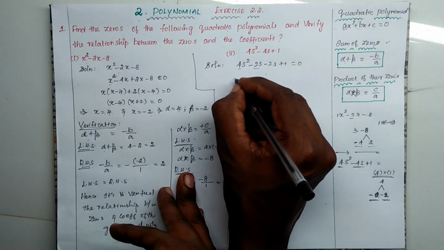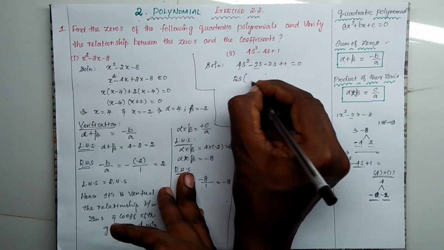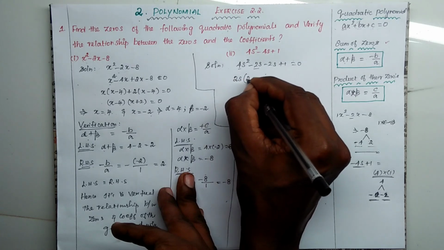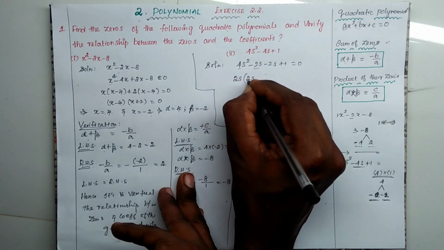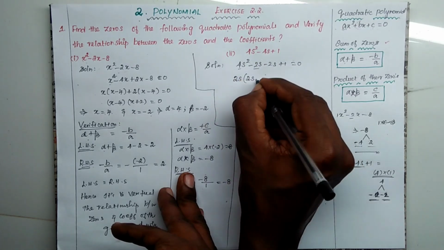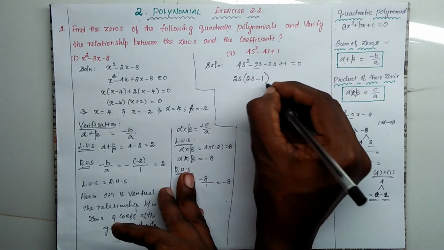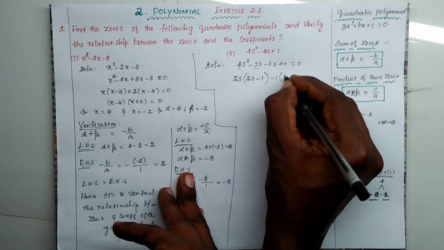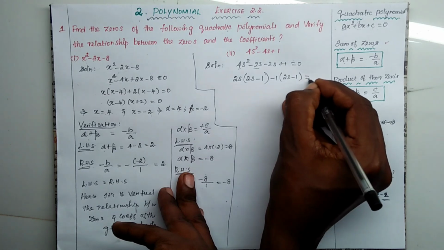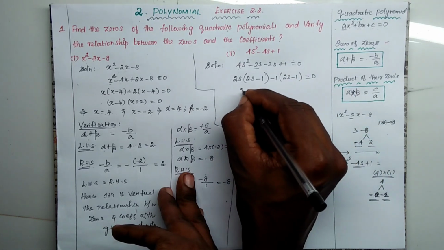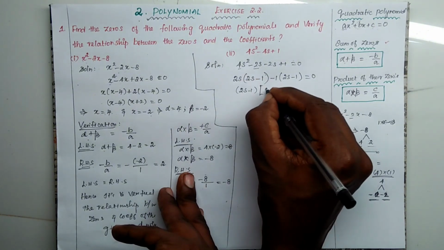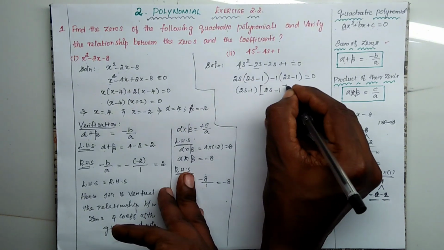We take 2s from the first two terms: 2 into 2 is 4, s into s gives s square, and minus, since we have already taken 2s, the remaining will be minus 1. Now taking minus 1 outside we get 2s minus 1. So the common factor is 2s minus 1. Taking 2s minus 1 commonly, the remaining 2s will be alone and here minus 1 will be alone.